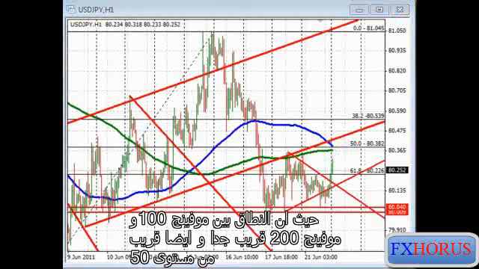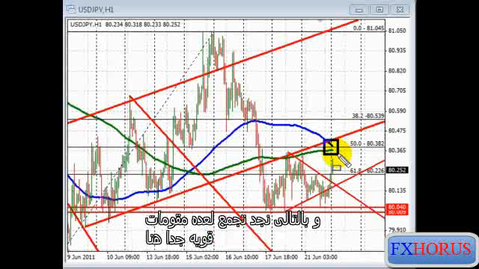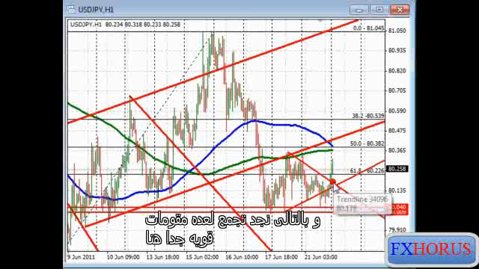So needless to say, we have a number of different resistance levels up above in this area right here, and that will be the level the market will be paying attention to into the new day of trading. But as you can see, we're currently trading down at the 25-26 level, staying above these trend lines on the downside. The risk would be a move back below the 80-18 level.